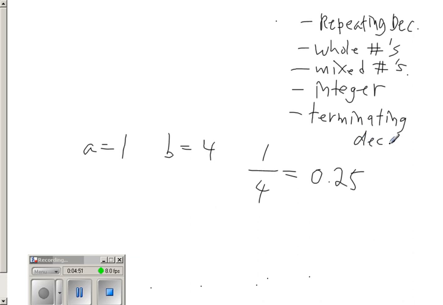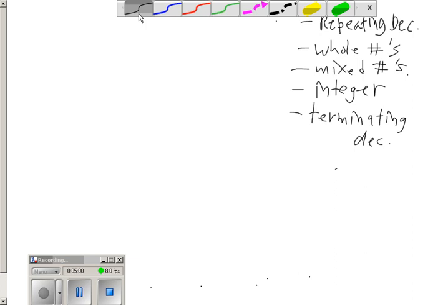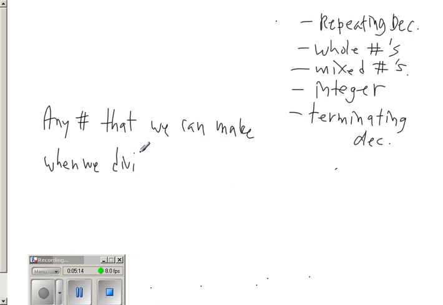So what are rational numbers again? Just to reiterate what they are. By definition, rational numbers are any number that we can make when we divide one number by another.